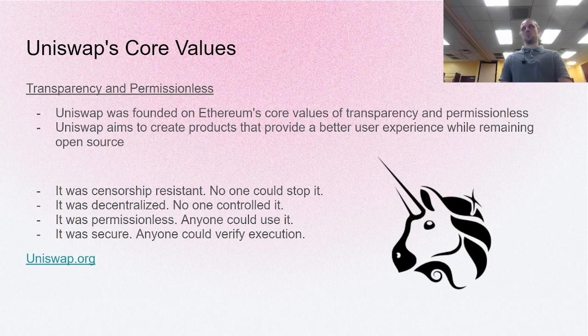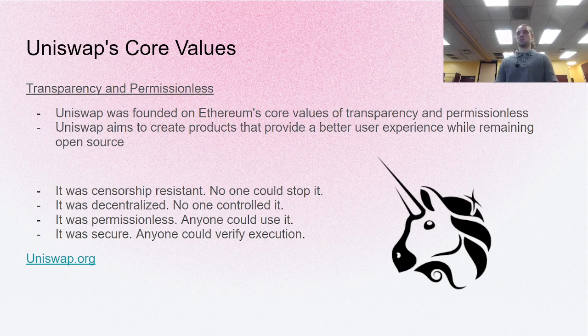Uniswap aimed to create products that provide a better user experience while remaining open source. So this phrasing, permissionlessness and open source, means anyone can use it, and no one's going to stop you from using it, and even from a technical standpoint, anyone can access the documentation to build with it, to extend on top of it, to make the technology better.